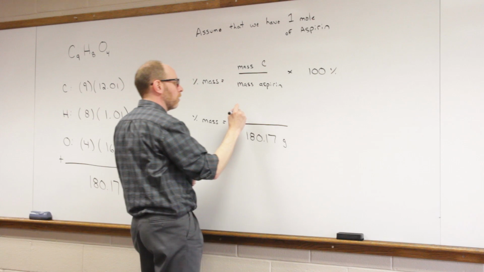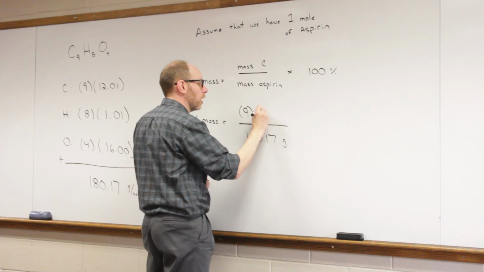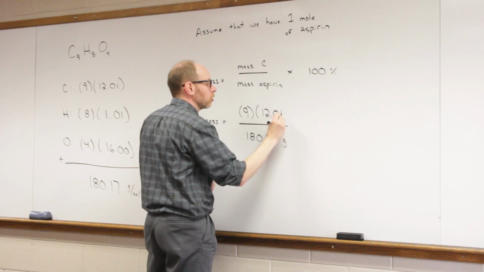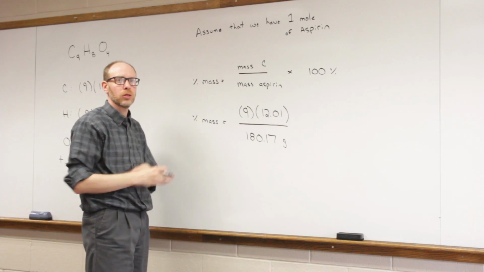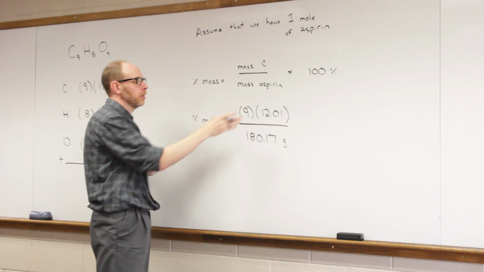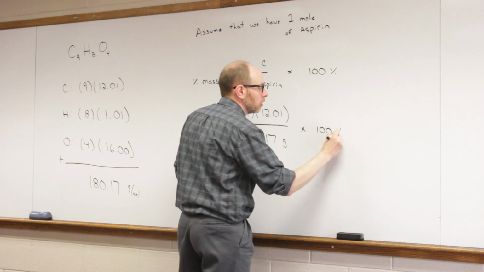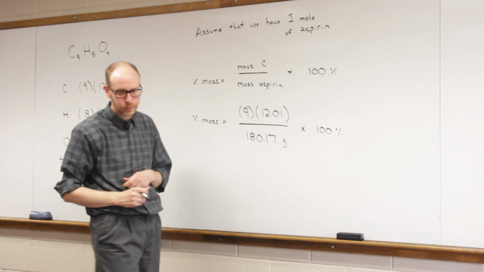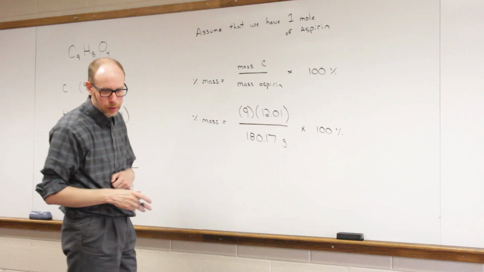So we can figure out the mass of carbon by taking the 9 carbons times the 12.01 grams per mole. The portion of that molecule that's carbon goes on the top. Multiply that by 100%.